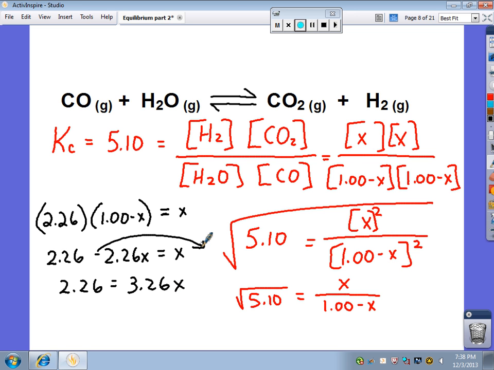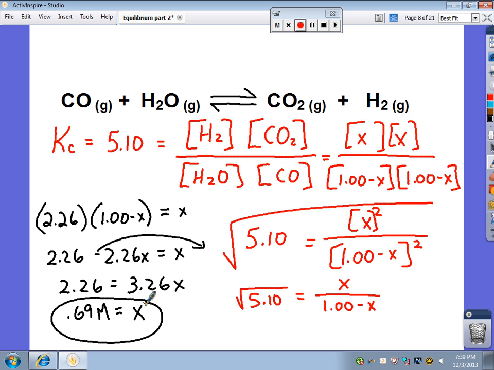And then, simply solving for x, 2.26 divided by 3.26 gives me 0.69. And remember, this is in terms of molarity. So that's what x is, because I'm solving for x. So what have I done? I've solved for x, haven't I? That's 0.69 molar.